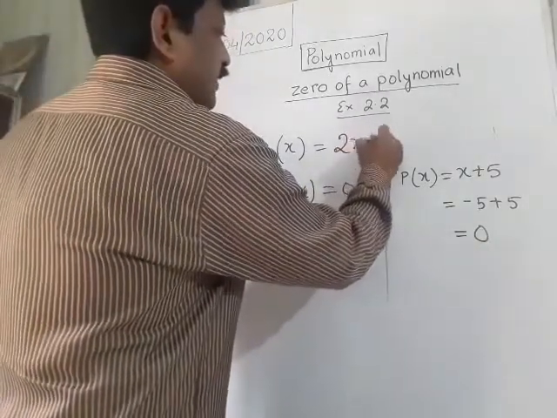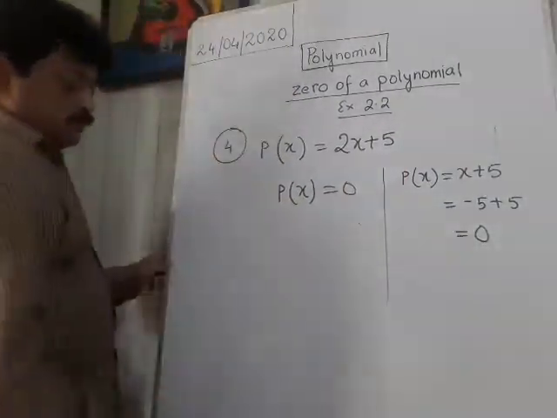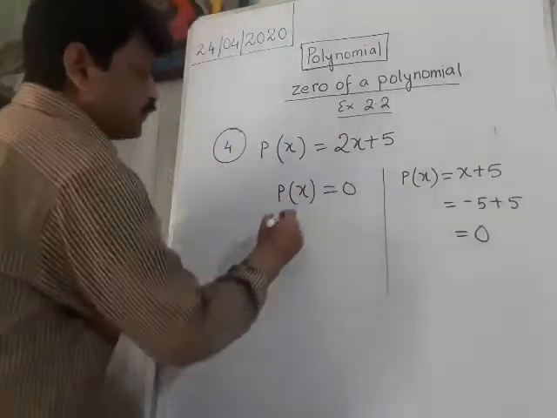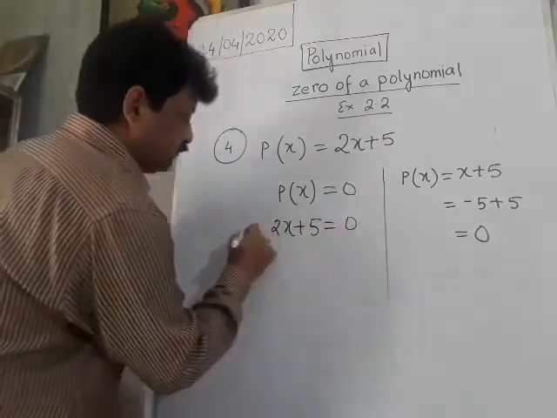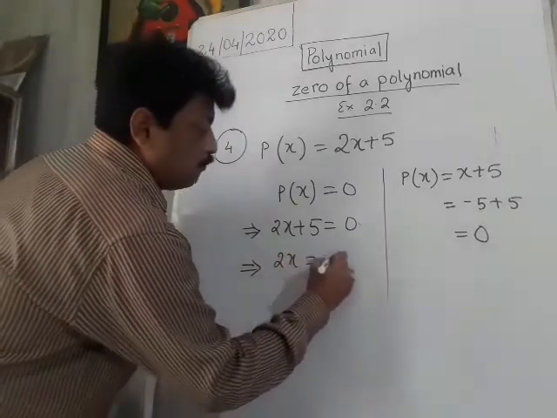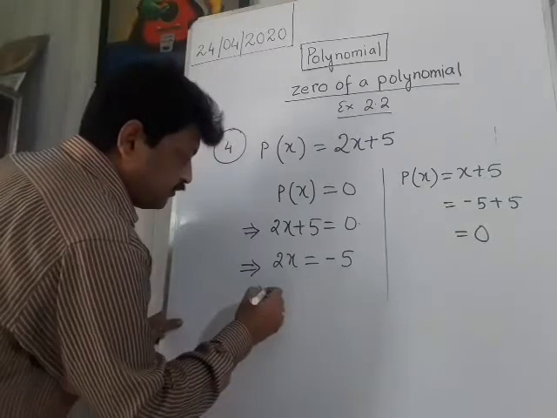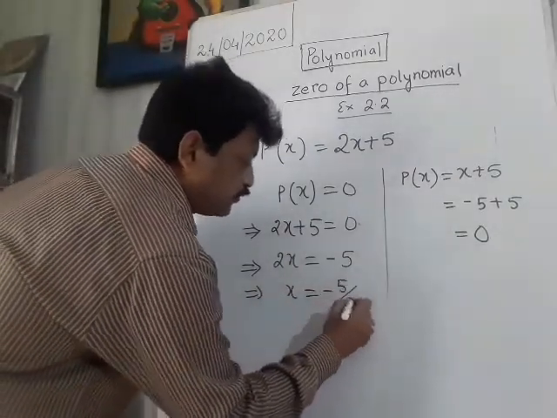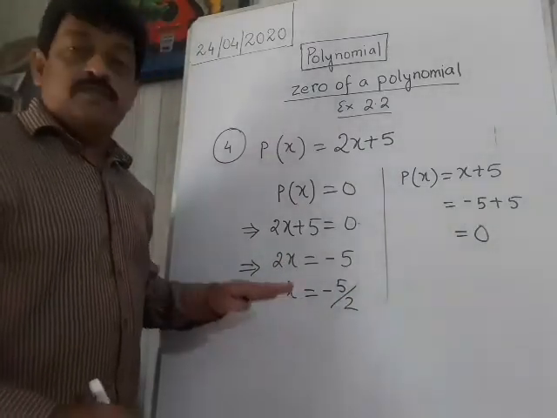In the same way, I am going to use the equation p(x) equals 0, or we can write 2x plus 5 equals 0, which implies 2x equals minus 5. This plus 5 becomes minus 5 when it changes sides, and x equals minus 5 upon 2. So here the zero of this polynomial is minus 5 upon 2.